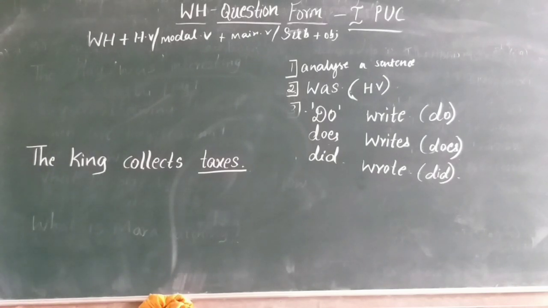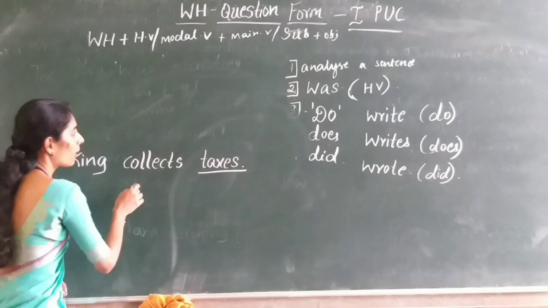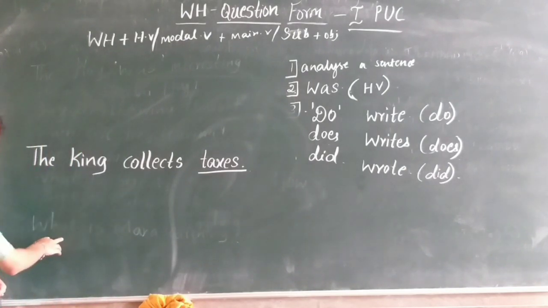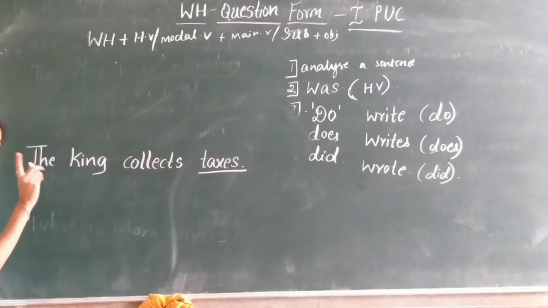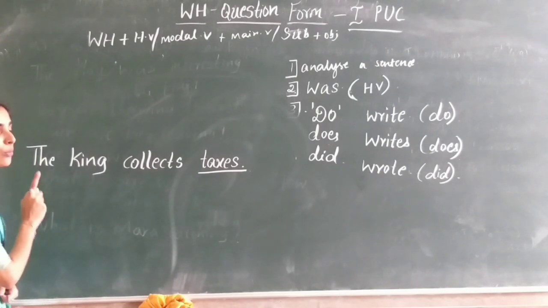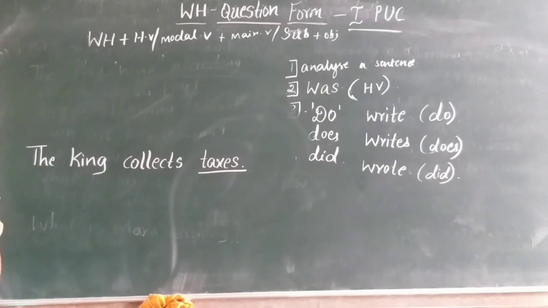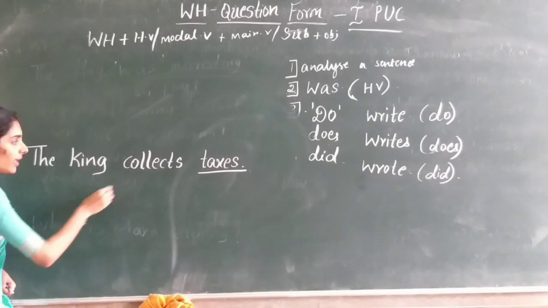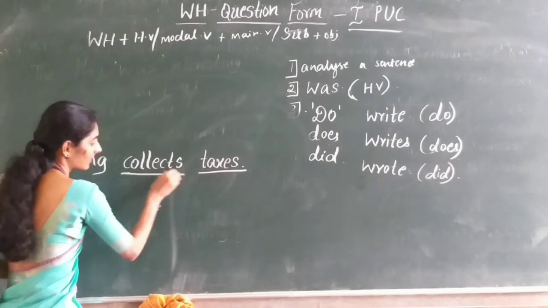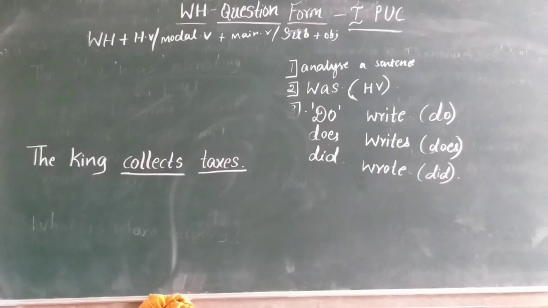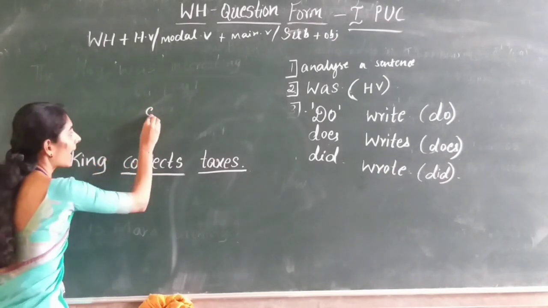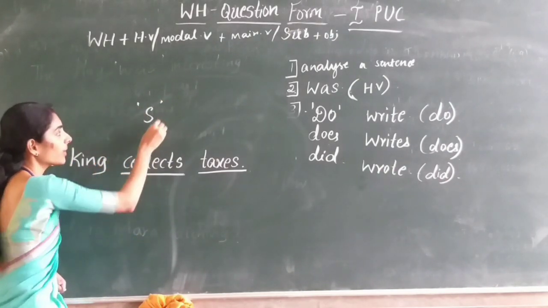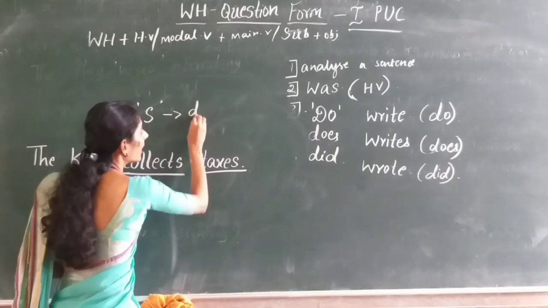Which would be the right form of do suitable for this sentence? As I said, identify the main verb here. That is collects. When s is added to a main verb, then it takes does.